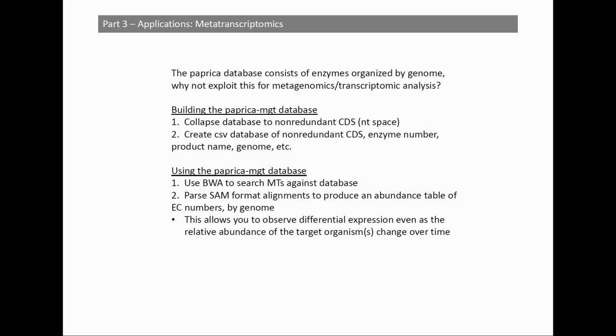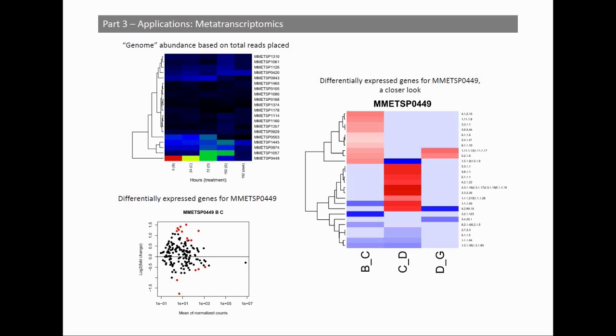So you're really looking at a per genome shift in gene expression, which can be very important to trying to understand the true pattern of upregulation or downregulation in your experiment. This is an example of that. We're working with a fairly large metatranscriptome data set from the West Antarctic Peninsula marine ecosystem right now.